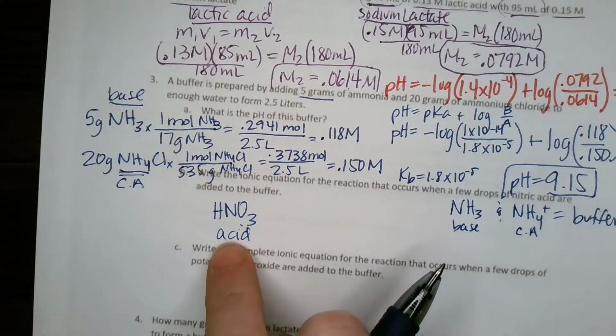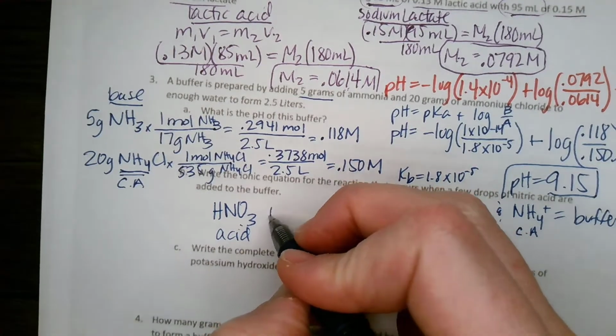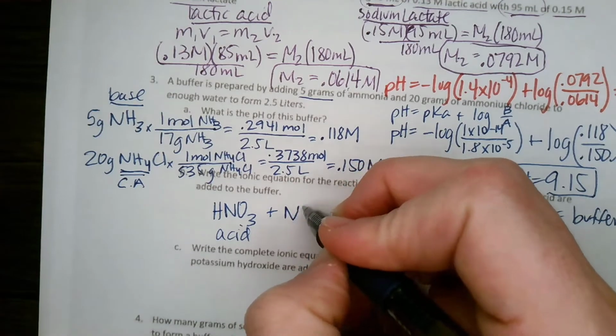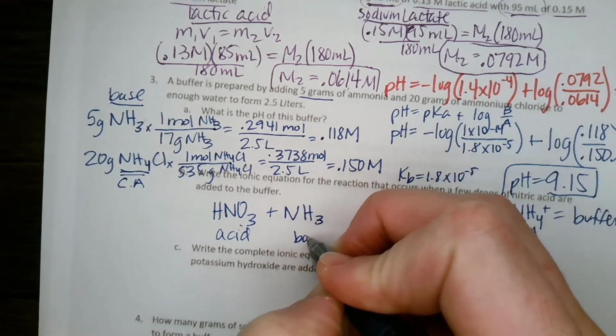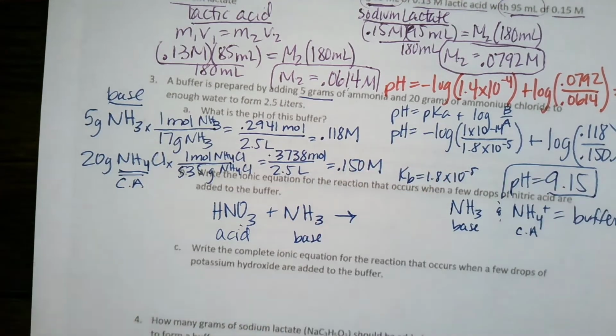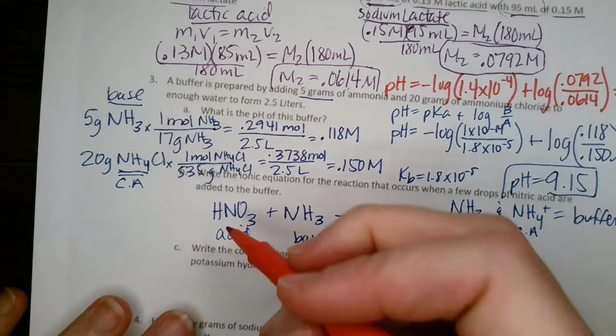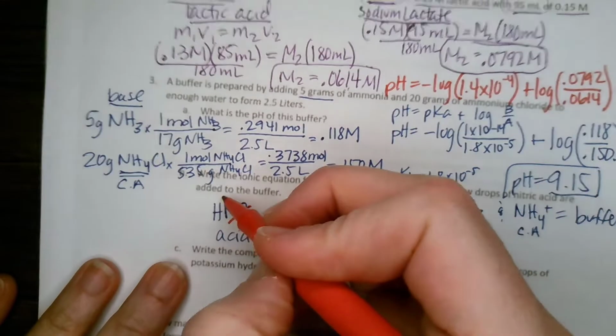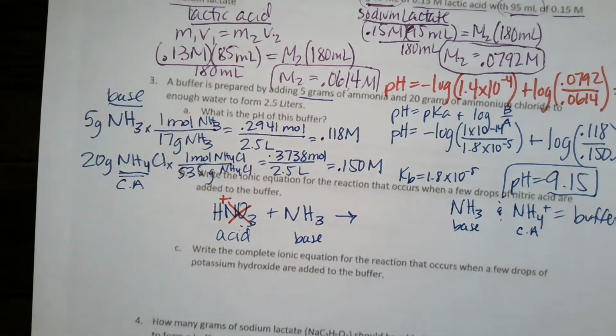So the acid is going to react with the base, NH3. Now, we can leave off the nitrate because that's just going to be a spectator ion. And we can just look at the H plus from that acid reacting with our base.